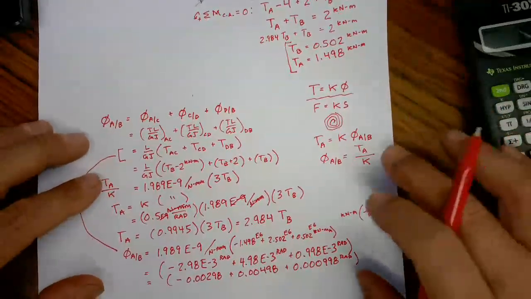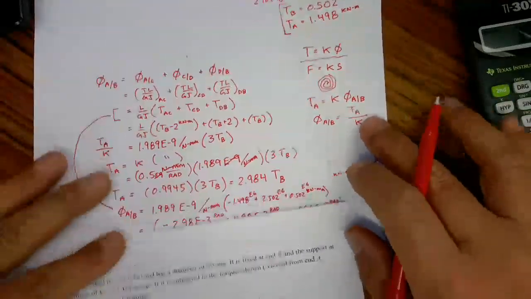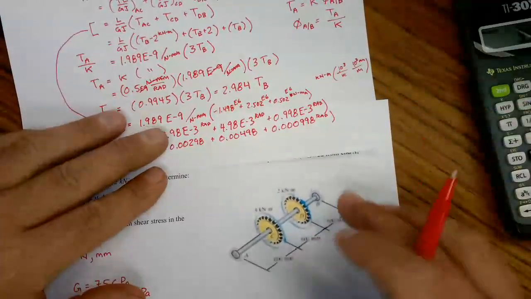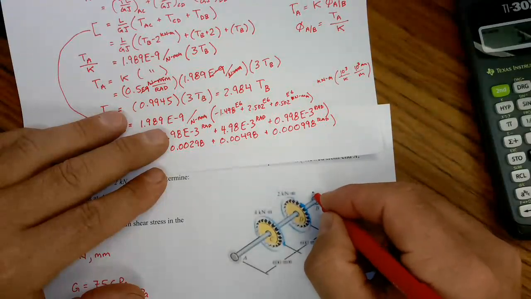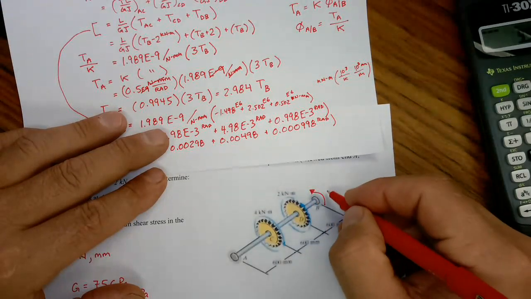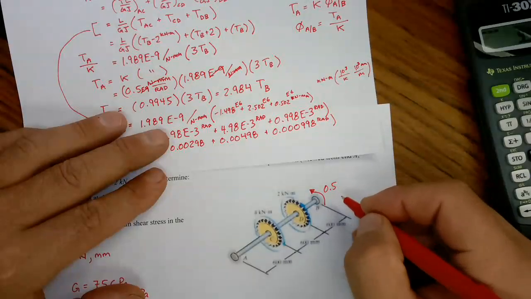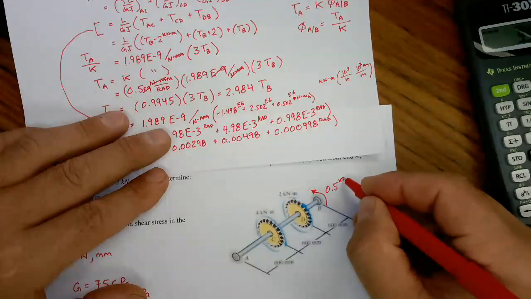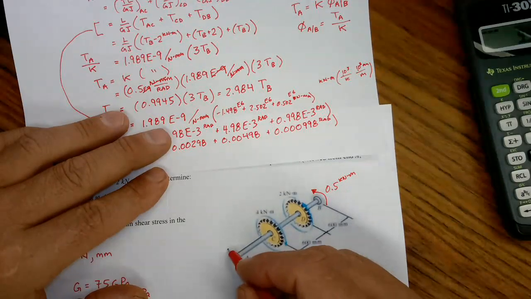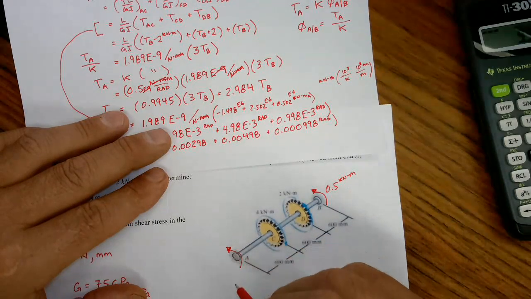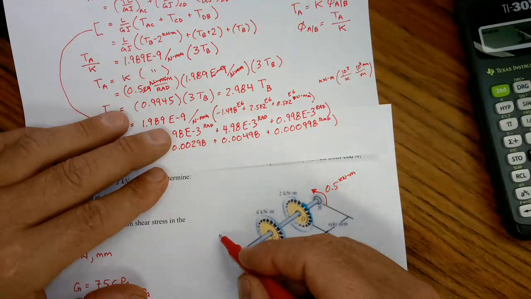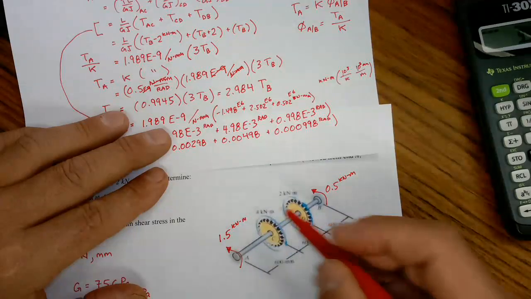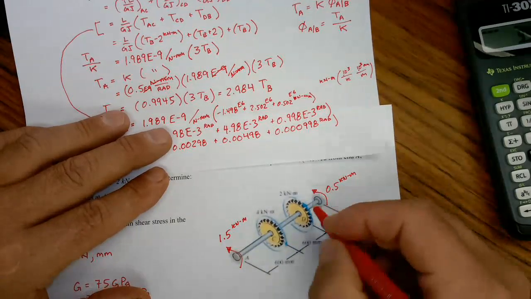Let's look at these numbers. We've calculated some stuff. We figured out that this is 0.502. Let's call it 0.5 kilonewton meters, very close to it. And we figured out that this is 1.5, right?